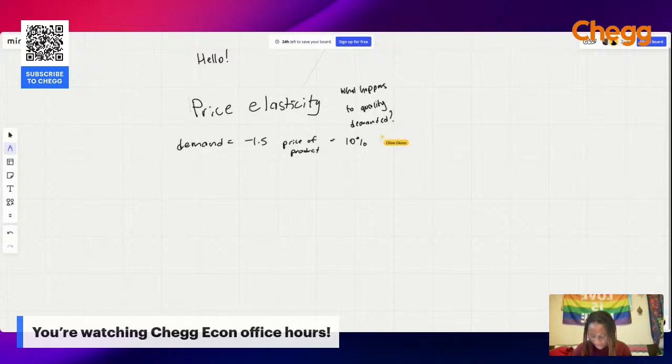Okay, so to answer that, you're going to use the formula: change in quantity demanded, usually just QD in most of your classes, equals elasticity times change in price, which is going to be 10%.